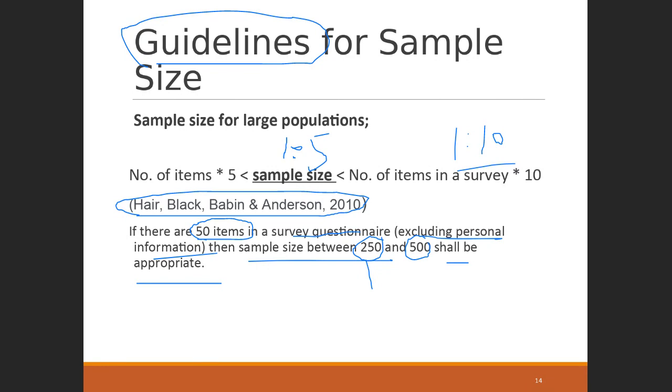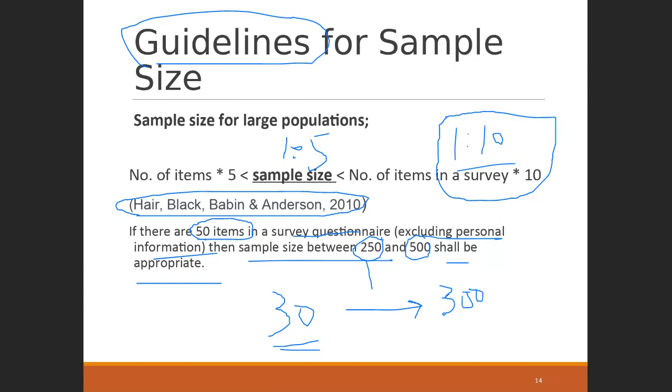I would say that be as close as possible to 1:10, because it gives you a better sample size. So if you have 30 questions in your questionnaire, I would recommend that you should at least have 300 responses. 1:10, 30 into 10 is equal to 300. So I would recommend that you should be using 1:10 as a guideline to determine your sample size.